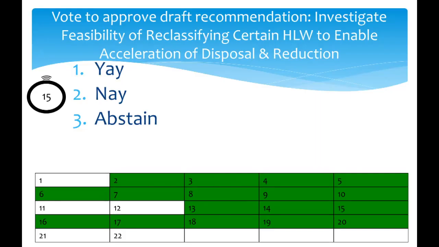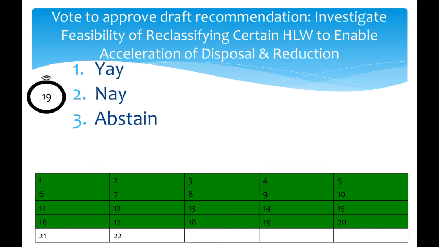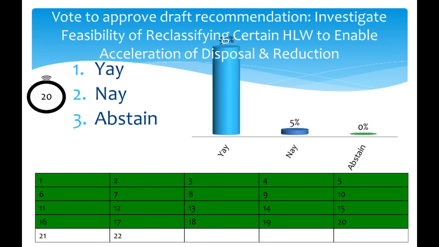Is there a second? All right, so ready to take a vote. Yes, if you would like this motion to be passed and made into a recommendation. B, if you do not. And 3, if you abstain. Okay, everybody's happy with their vote? Go ahead and close it. And that passes with 95%.